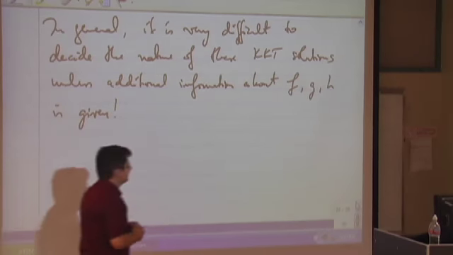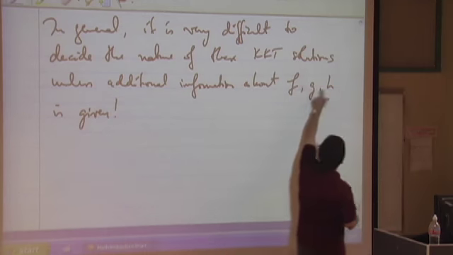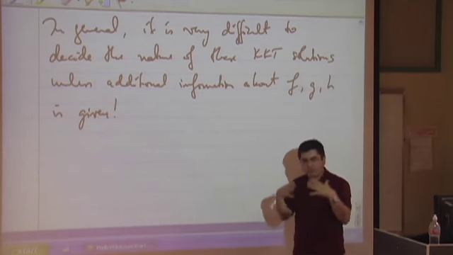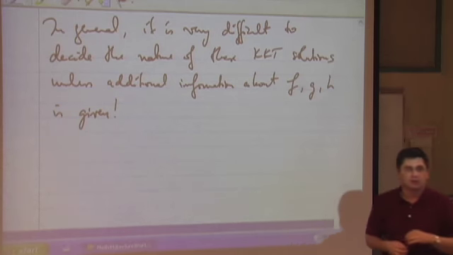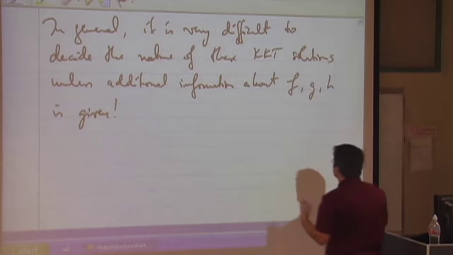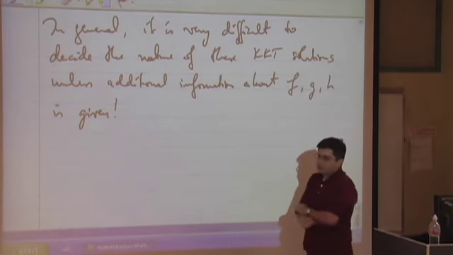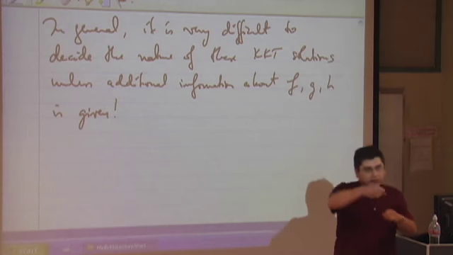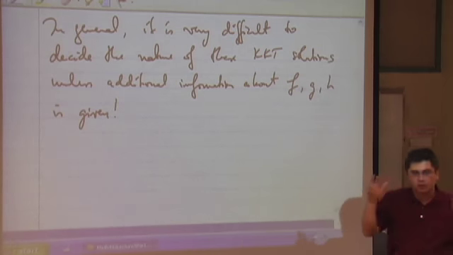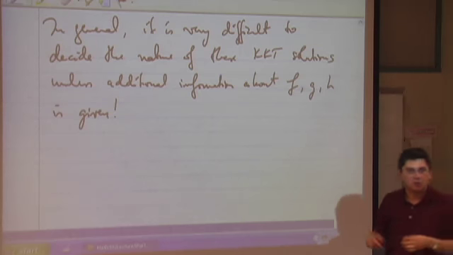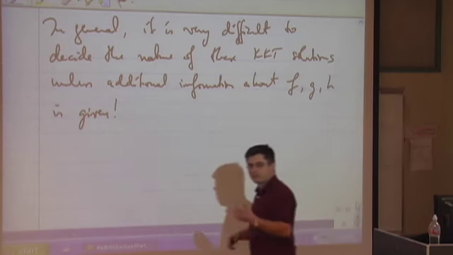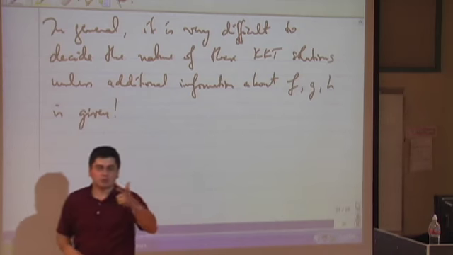And things like that. Or if the G and H form a feasible set that's bounded, then F has both a max and a minimum. I guess it would be possible to just compute the value of F at those critical points and compare, say, which one's bigger and which one's smaller. So it's not that it's impossible, but it's difficult unless you have more information on F, G, and H.